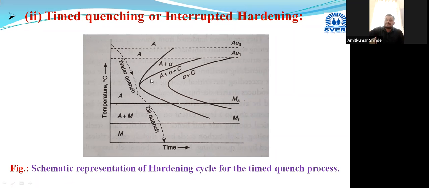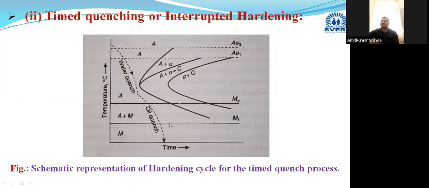Suppose we are doing this timed quenching or interrupted hardening for medium carbon steels or high carbon steels, then the first quenching medium will be oil, and the second quenching will be air quenching.